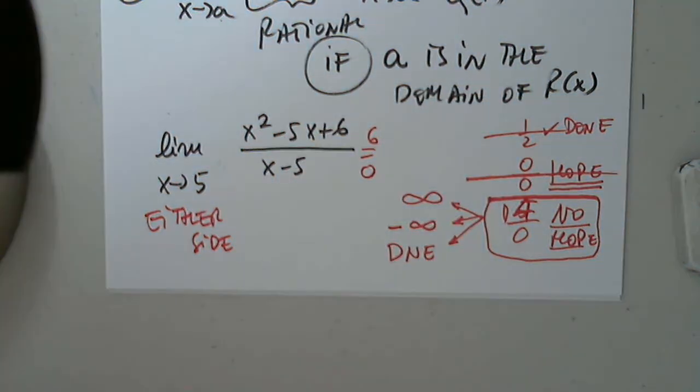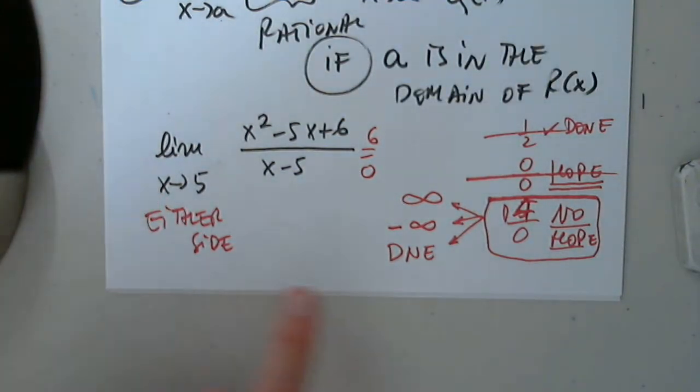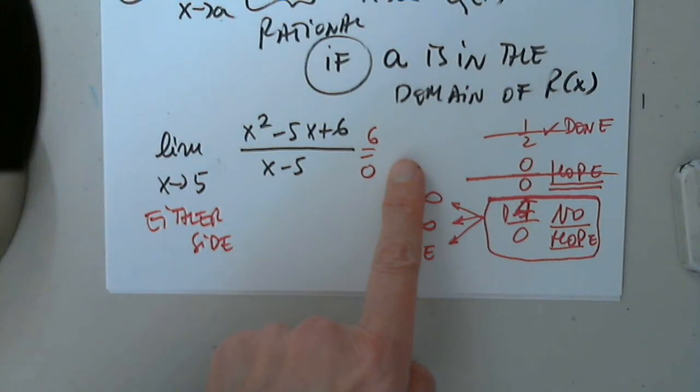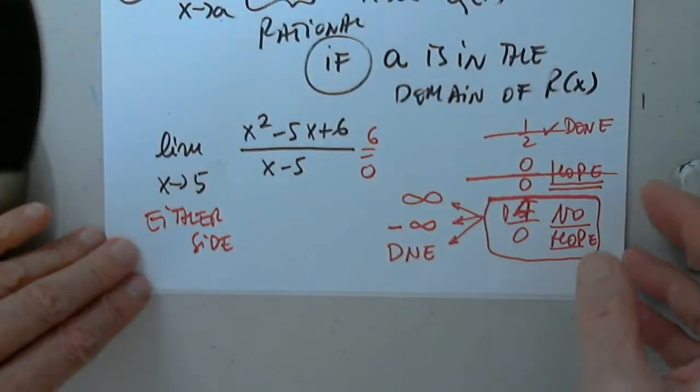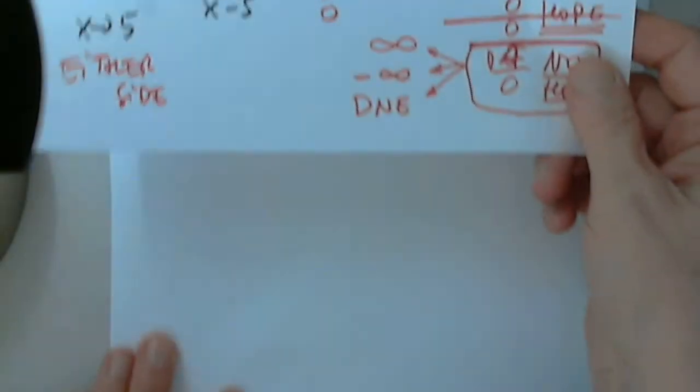If the limit is from either side and it's the situation in which I have 6 over 0, I have to determine both limits, the one from the left, the one from the right, and then I will conclude here. Right now I have no conclusion. Okay, so let's take a look at the limit from the left, the limit from the right, and then conclude.